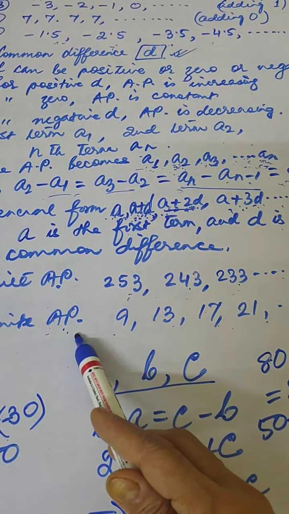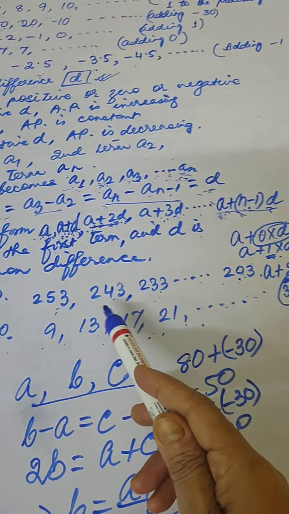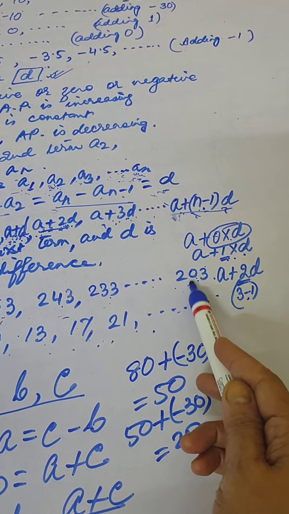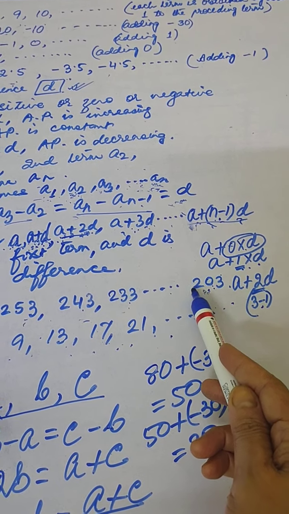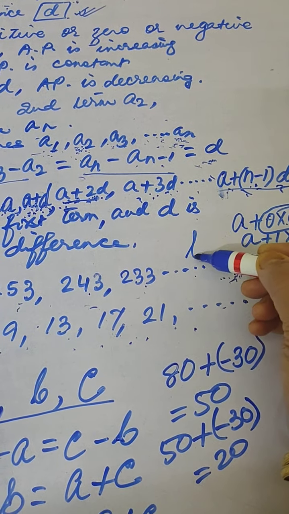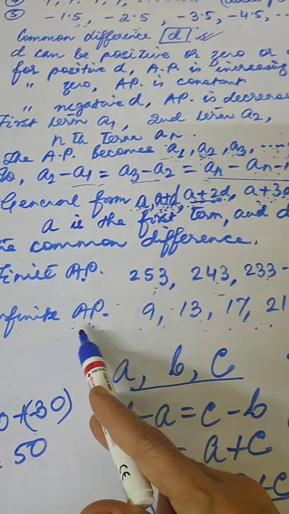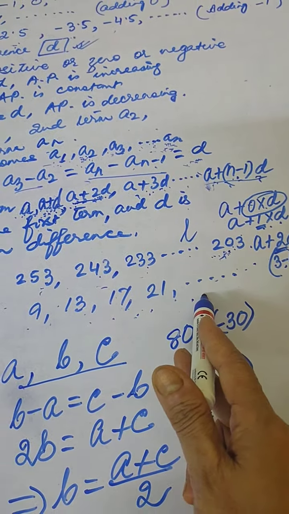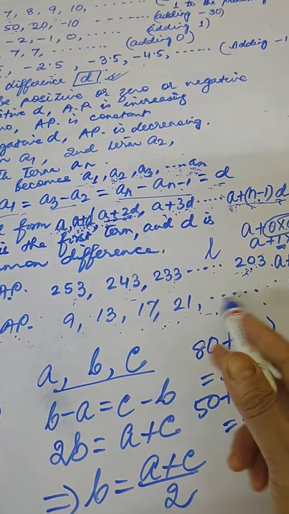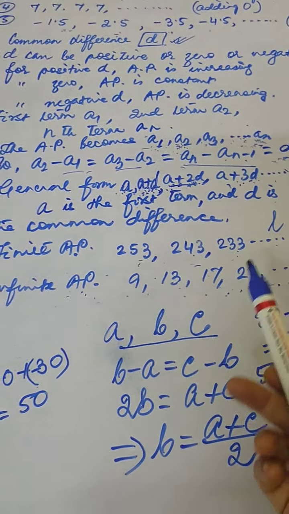In a finite AP, we will always have the last term. That can also be represented as l, the last term. And in an infinite AP, there is no last term. The sequence goes on, increasing or decreasing, or it may remain constant.